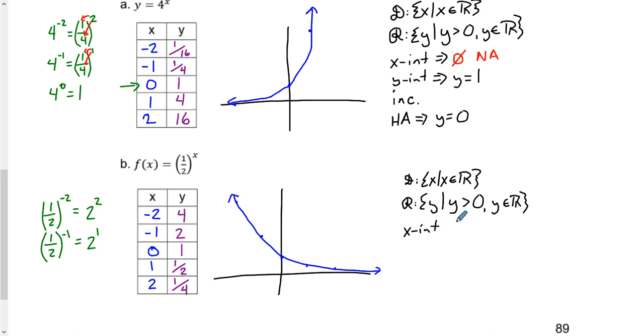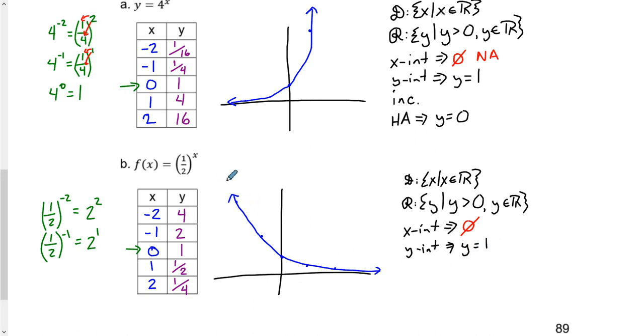If our range means that we're always going to be greater than 0, we have no x-intercept. Our y-intercept. For any function, our y-intercept always happens when x equals 0, which in this one is right there. It's y equals 1.